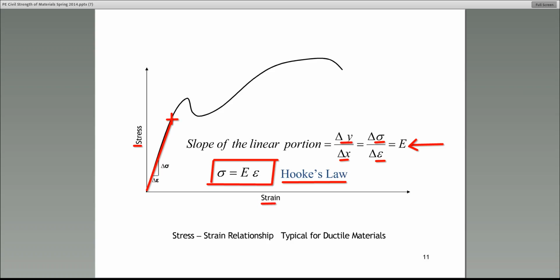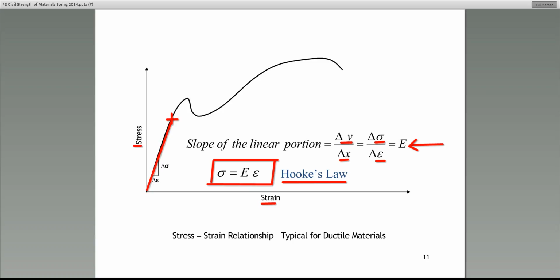Now, please pay attention. Since Hooke's law has this limitation, it's only valid within the proportional limit, and we should really call it within the elastic limit. Remember I told you proportional limit and elastic limit, practically we use the same value. So Hooke's law is only valid for elastic behavior.